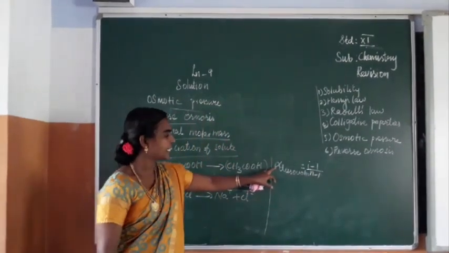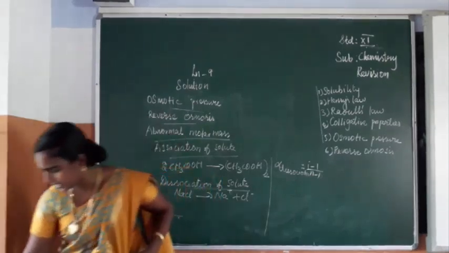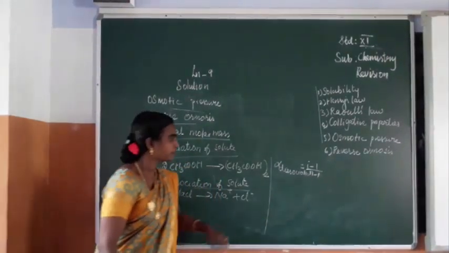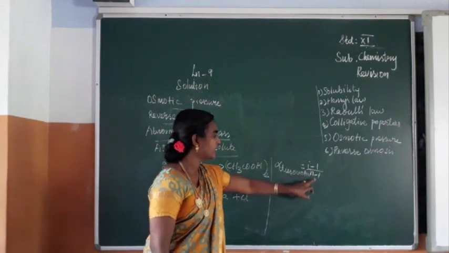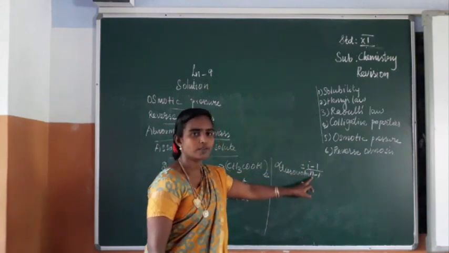Here alpha is the degree of dissociation, i is the van't Hoff factor, and n is the number of particles.